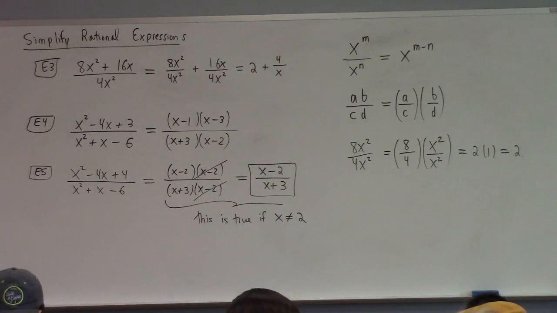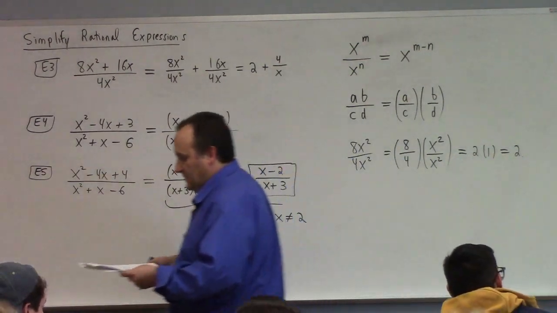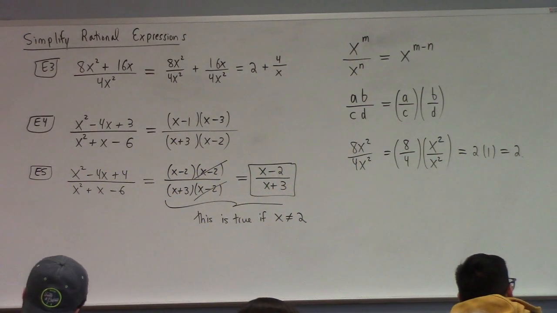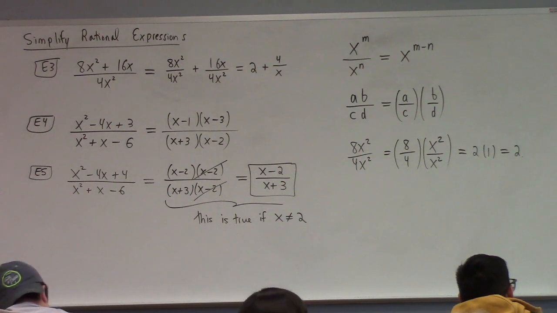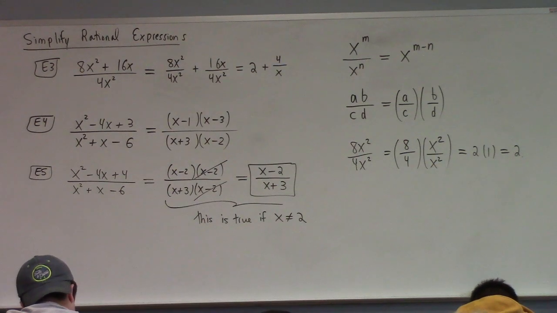All right. So our goal is to multiply and simplify in each one of these examples, okay? So while I'm moving the camera, you guys see if you can work it out.